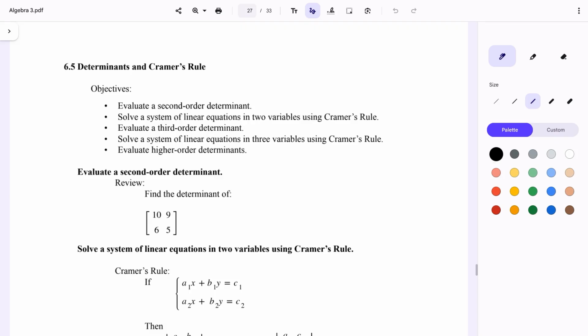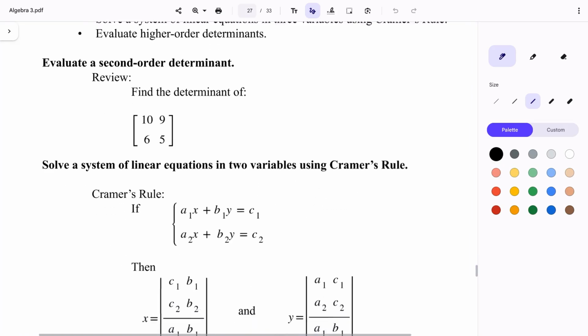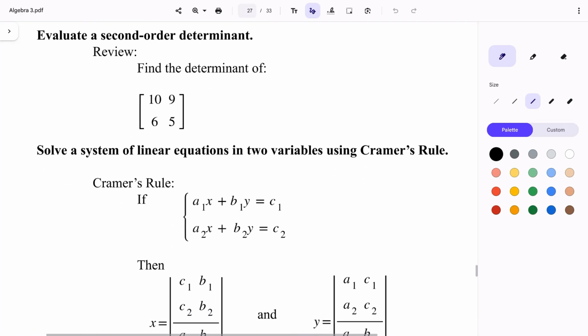So that's why we're going to spend a little bit more time focusing in on how you work with a determinant and solve for a determinant. Remember when we did a 2 by 2 matrix like this one, to find the determinant, you just cross multiply and you subtract. We just did that on our bell ringer today. So for this, I would just take 10 times 5 minus the 9 times 6.